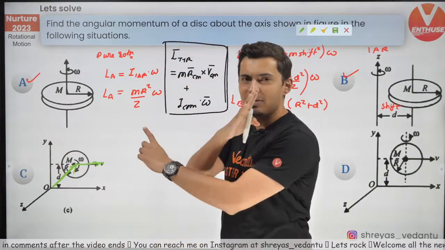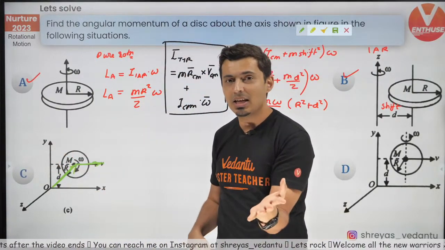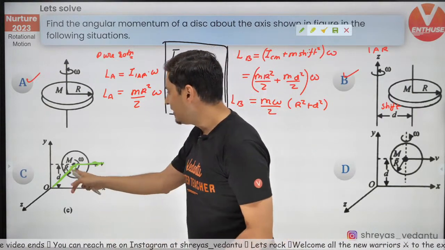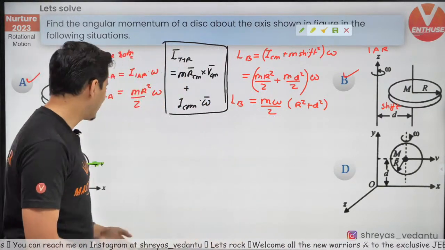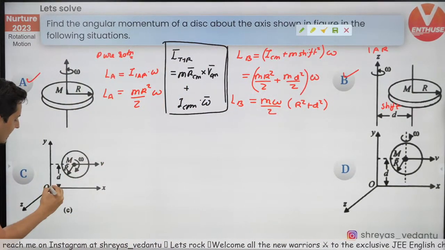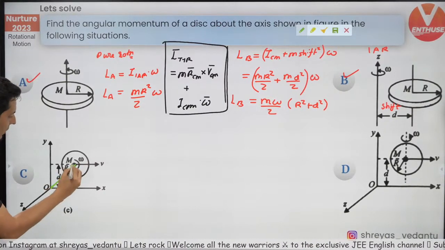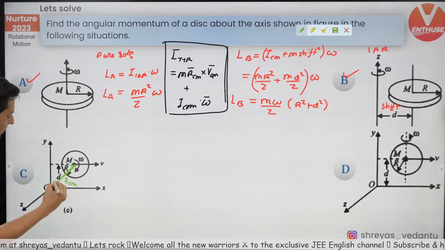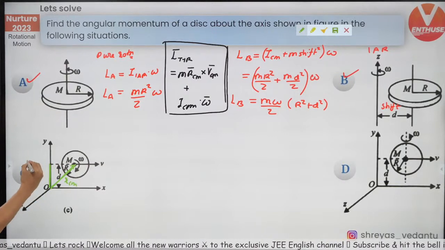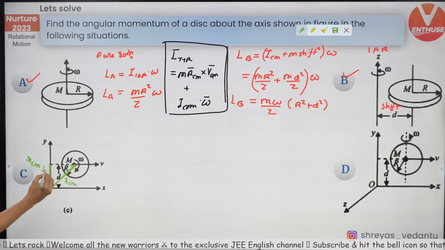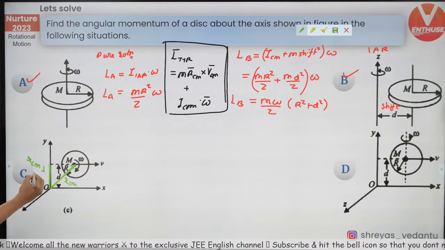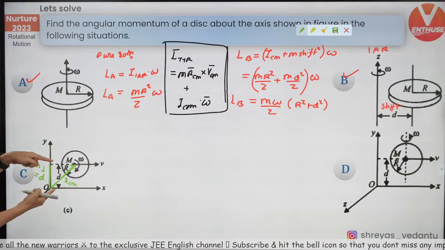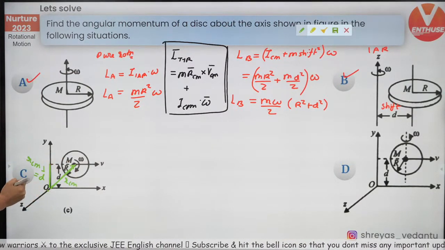Remember, when R and V are at an angle, either you split velocity or you split R. I feel it's better to split R in this case. Look at that, because this is your RCM. This is your RCM perpendicular. And how much is it? It is nothing but D itself. Can you see that? This is D.